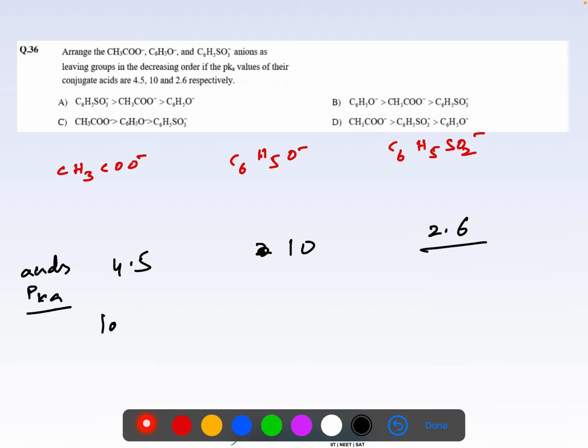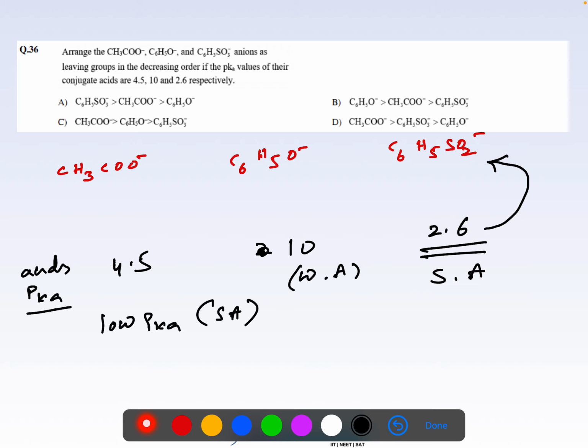So low pKa value, that means it is a strong acid. So this is the strongest acid, and this will be the weakest acid. So strong acid gives rise to conjugate base which is more stable. So we can say C6H5SO2 minus is more stable, and C6H5O minus, being the conjugate base of the weakest acid, is least stable.